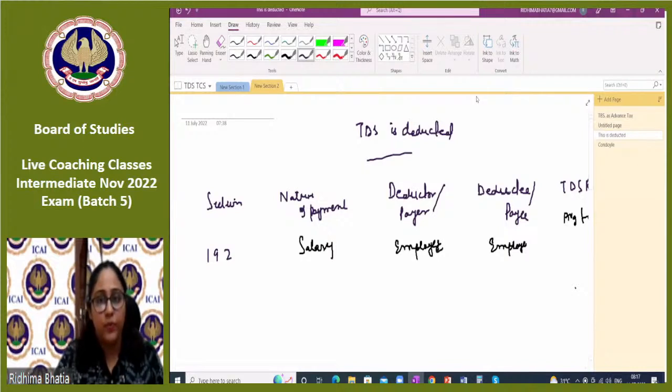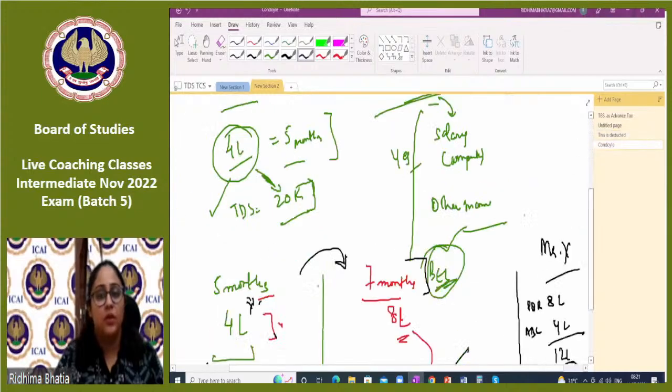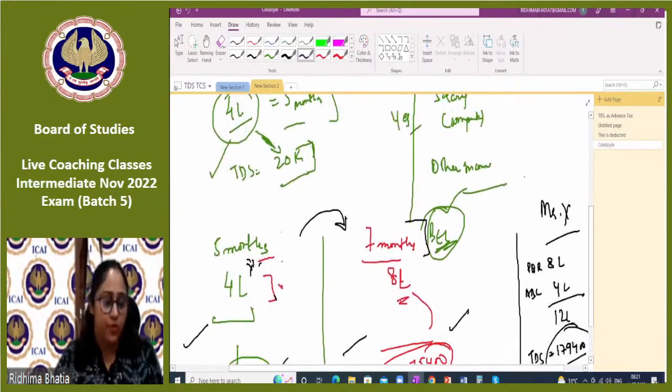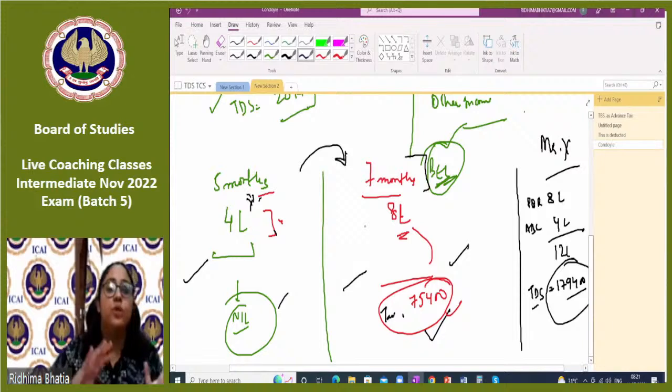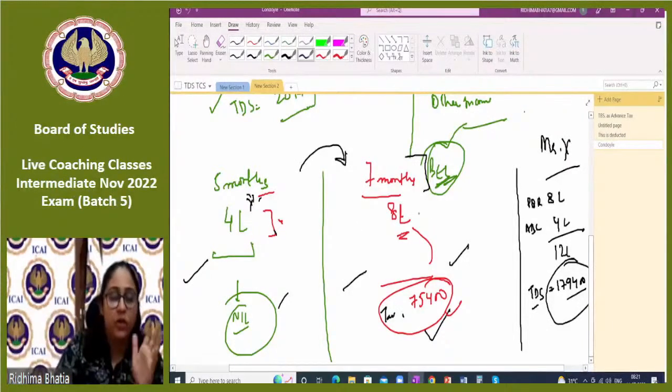Rekha, for you, very quickly: whenever you are having salary from two different employers during the year, it is recommended to give your salary information to the subsequent employers so that they can compute it by taking the entire income earned during the year, so that when you're actually computing your tax liability, there is no goof up.